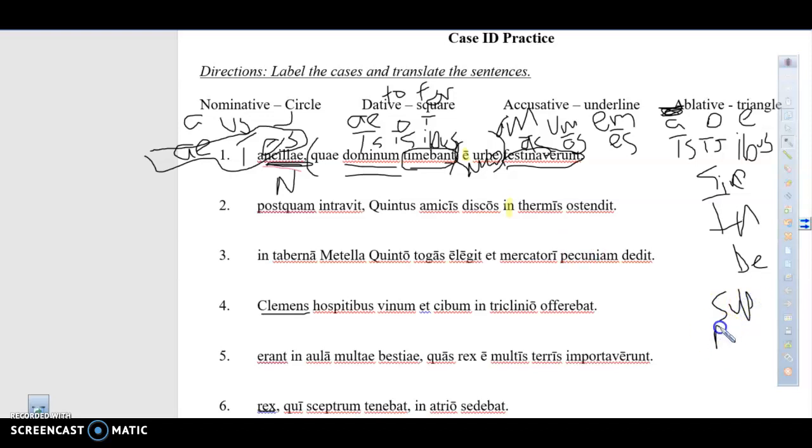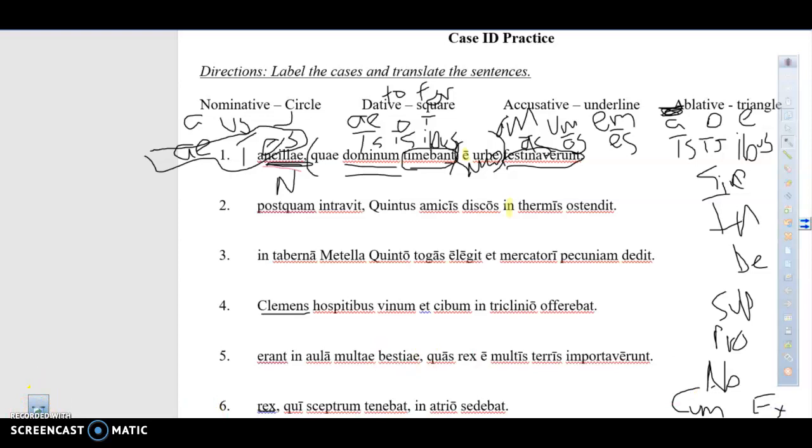Pro. Ab. Cum. Ex. That's the list. If you see those prepositions, the word that follows it is ablative.